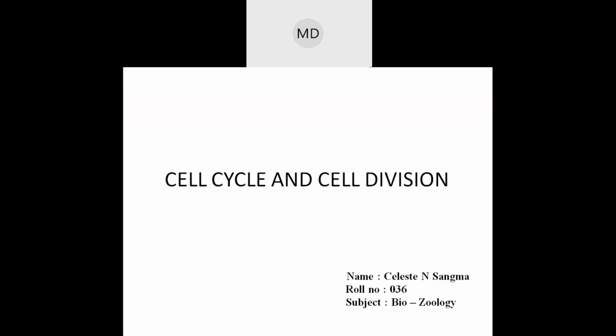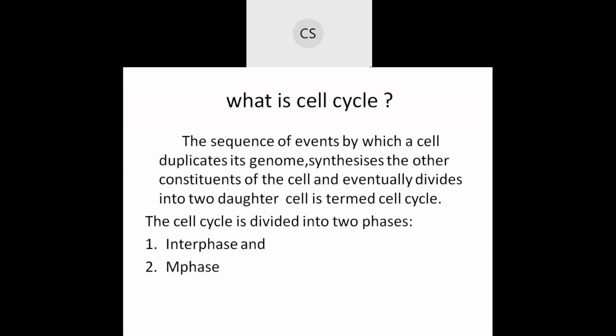Good morning, everyone. My name is Celestian Sangma. The topic I'm presenting is cell cycle and cell division. What is the cell cycle? The sequence of events by which a cell duplicates its genome, synthesizes the other constituents of the cell, and eventually divides into two daughter cells is termed the cell cycle. The cell cycle is divided into two basic phases, interphase and M phase.